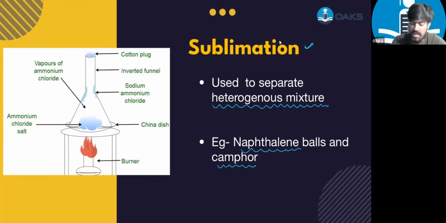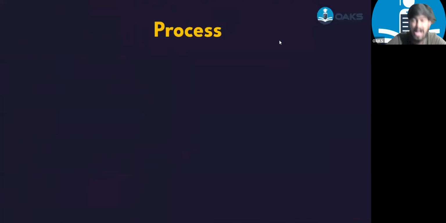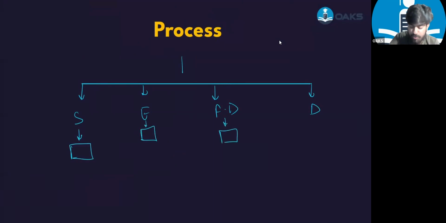Just for an example, suppose whatever methods we have discussed, you write them like this: sublimation, evaporation, fractional distillation, the normal distillation. You make this kind of flow chart, write the basic main terms, and in the next class you are going to show me.